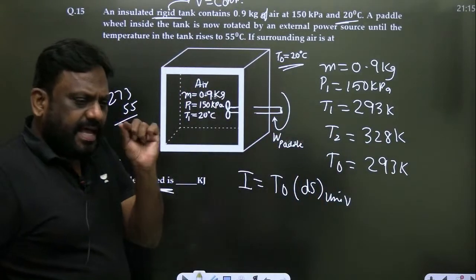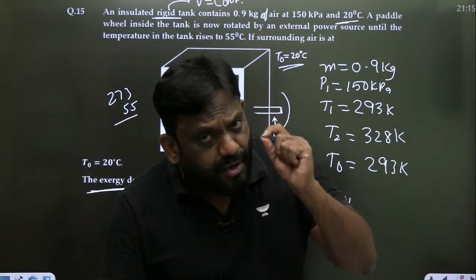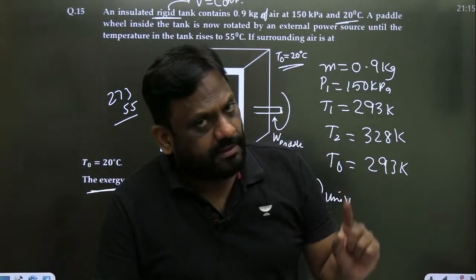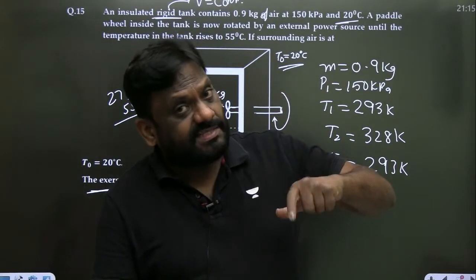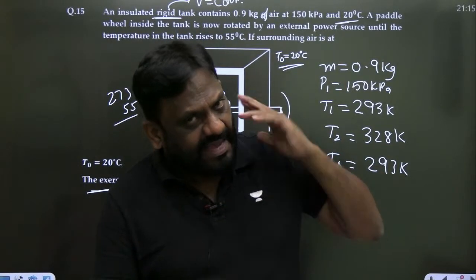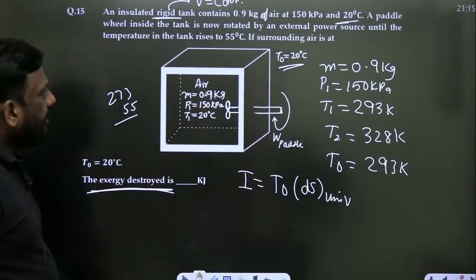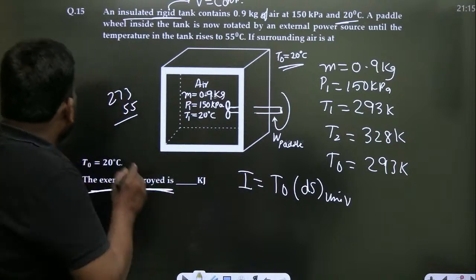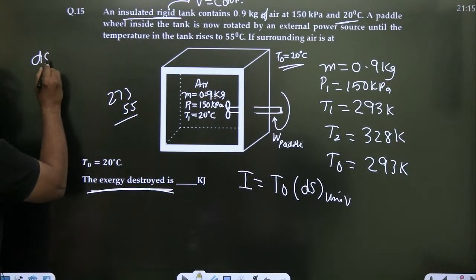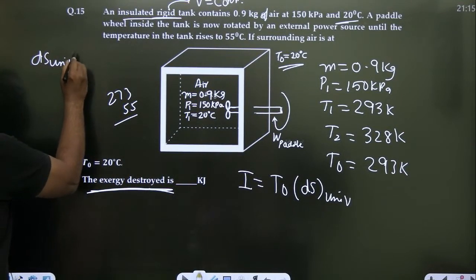Excellent. मैं क्लास में बताया था आपको. Because of work transfer, there is no entropy transfer. But because of heat transfer, there is an entropy transfer. ये सब बताया था मैं. देखो, it is insulated tank. Now I want the entropy change of universe, which is also equal to entropy generation.